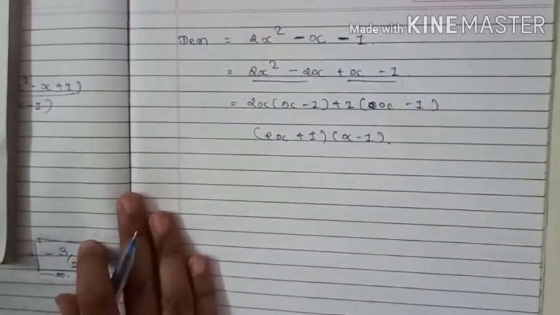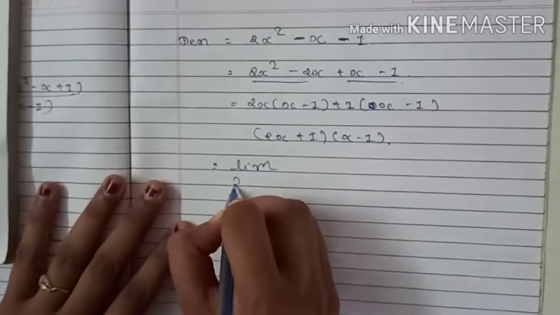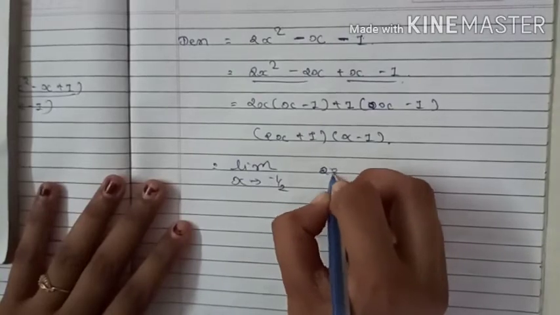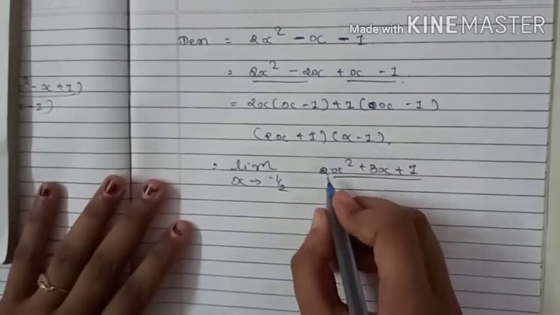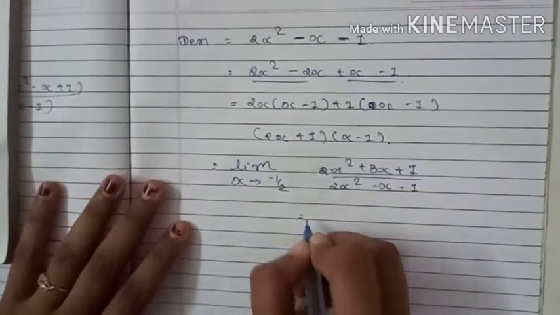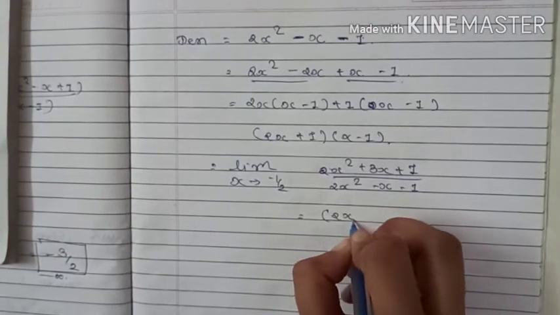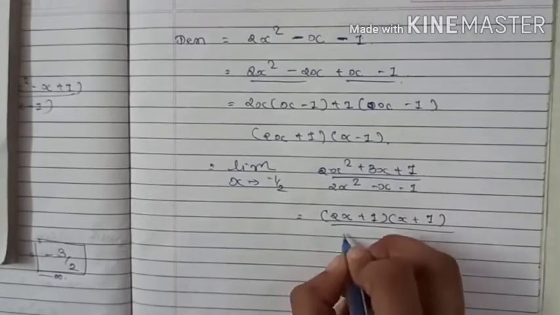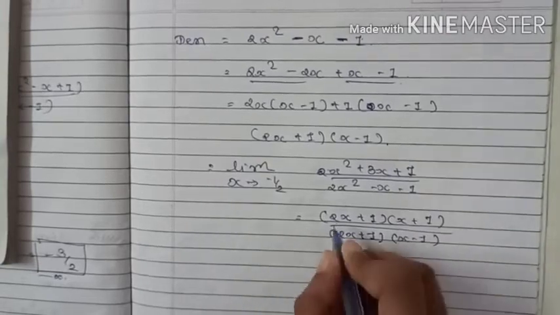Let's put it into the limit function. So limit x tends to minus 1 by 2, 2x square plus 3x plus 1 upon 2x square minus x minus 1. So what is the numerator factorization? 2x plus 1, x plus 1. For the denominator, 2x plus 1, x minus 1.